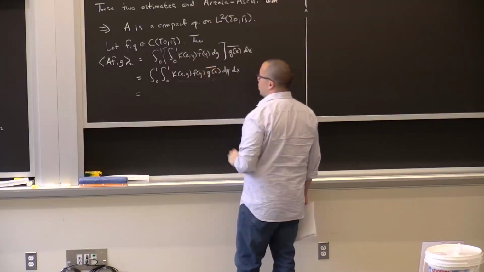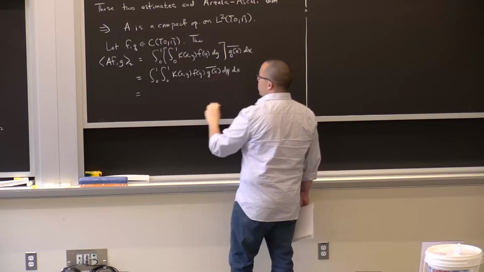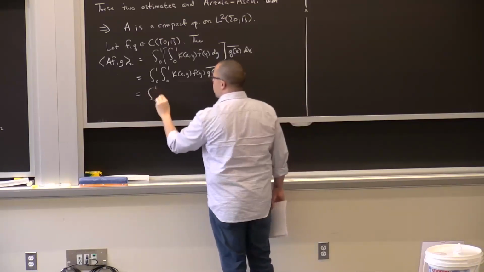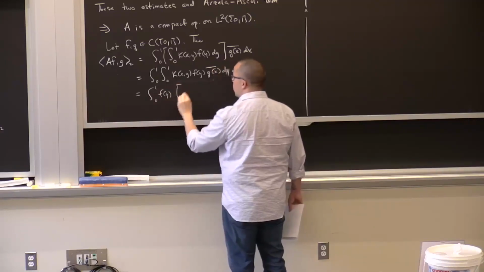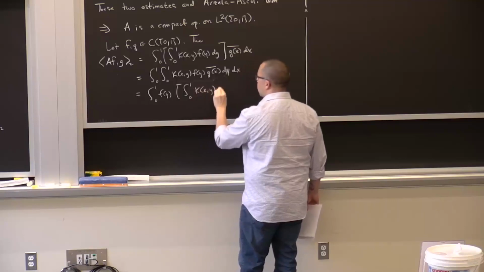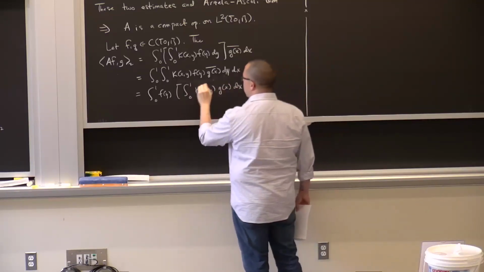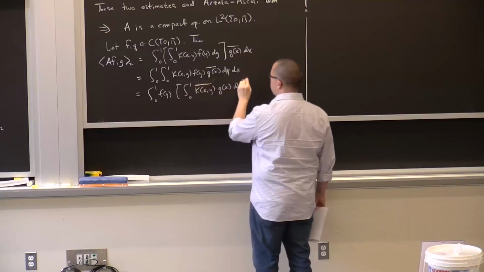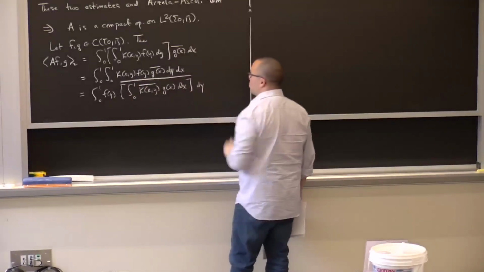Okay. And so if I integrate dx first and undo things, I can write this as the integral of f of y times the integral from 0 to 1 of k of xy times g of x dx, with a complex conjugate over k, all of this with a complex conjugate, dy.